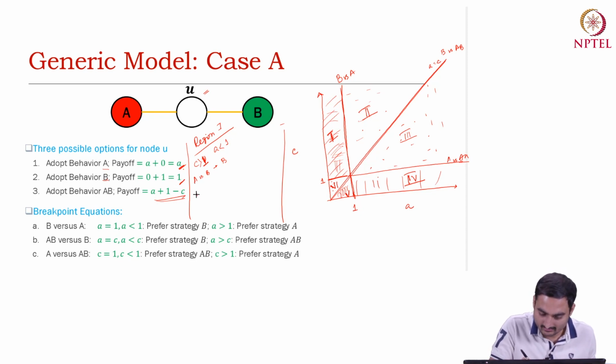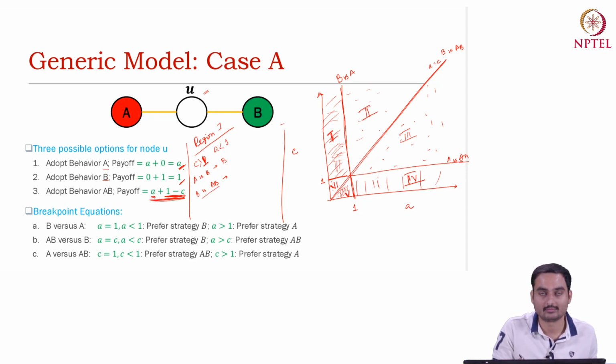Between B versus AB, what would happen? Let's see, in AB, A is already less than 1, and C is greater than 1. So A minus something greater than 1 would be negative, and you are subtracting a value from A, so this would be even less than A, and A is already less than 1.